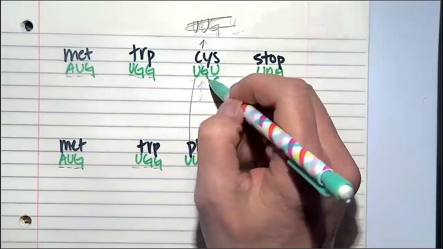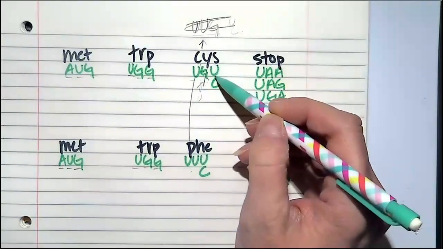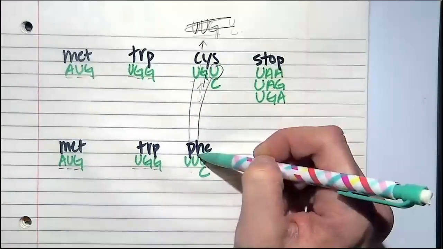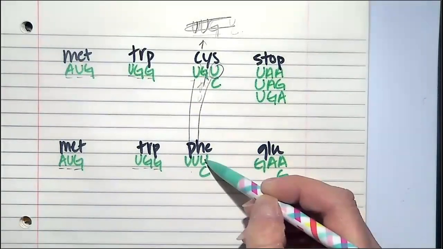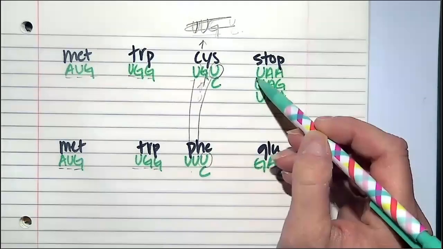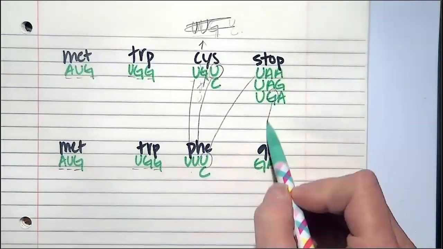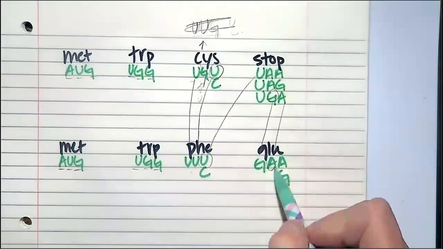It looks like we deleted this G. So if we deleted that G, then over here, this U would be that U. And over here, the stop starts with a U, so that has to be one of these. Then the G, and then the A.